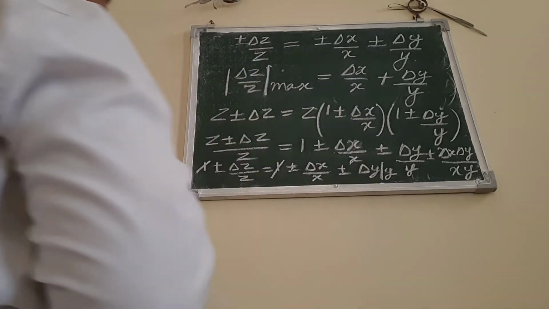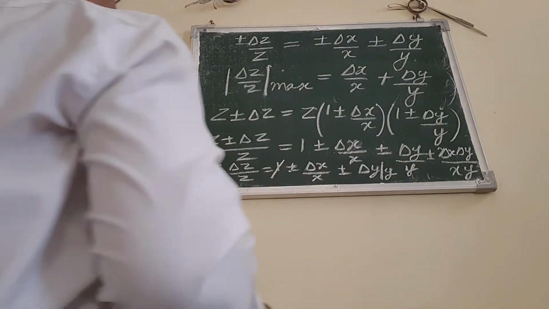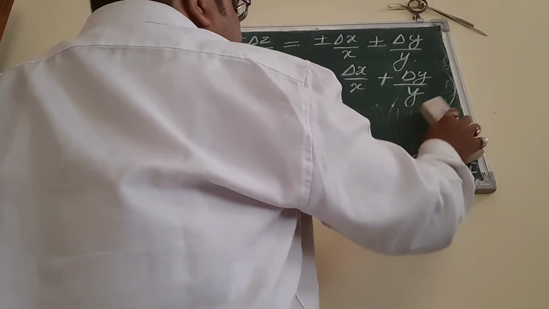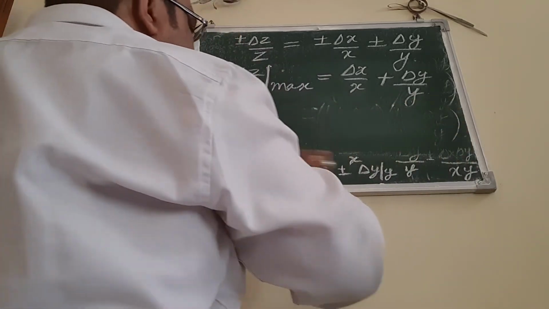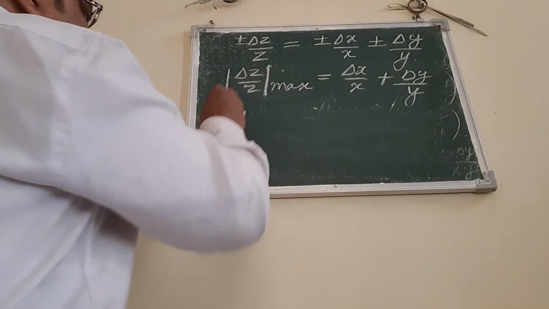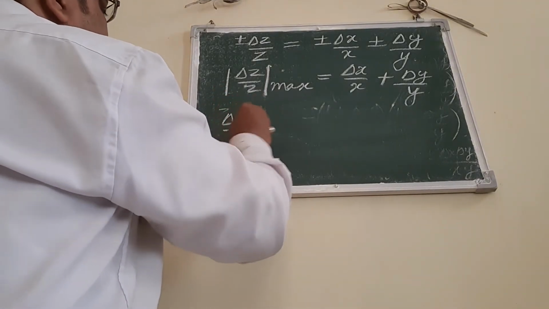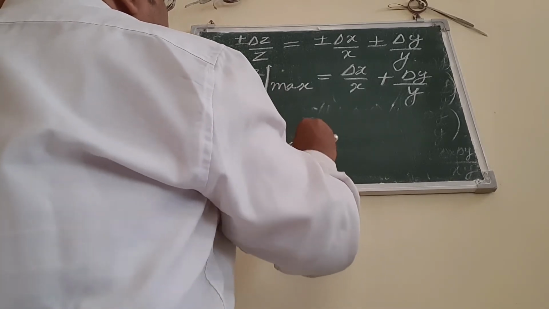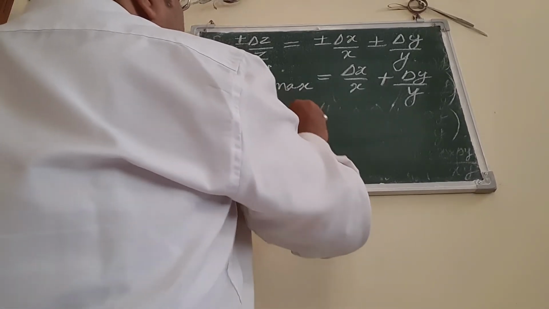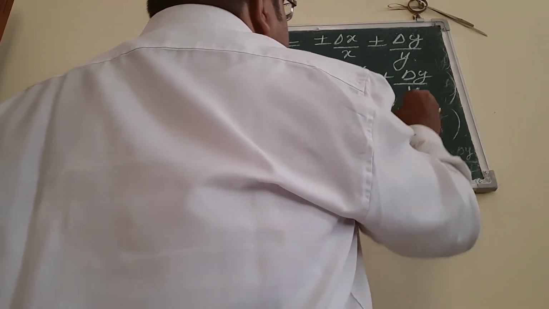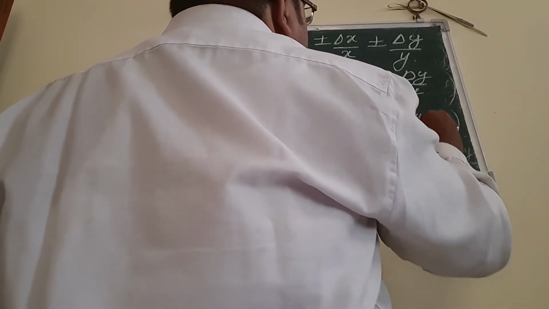To calculate the percentage error, this is the final expression. The errors will be added. So for finding the percentage error, we have to multiply by 100. So delta z upon z maximum into 100 equal to delta x upon x plus delta y upon y into 100.